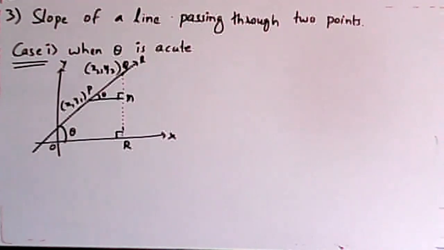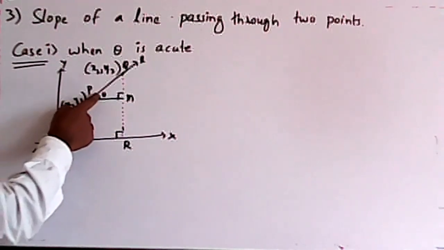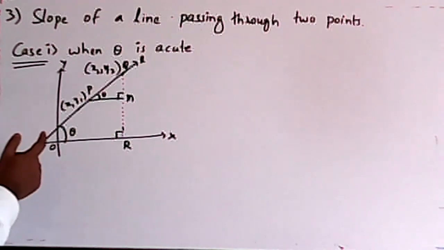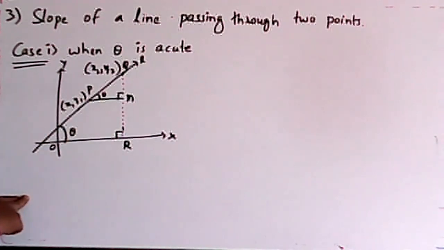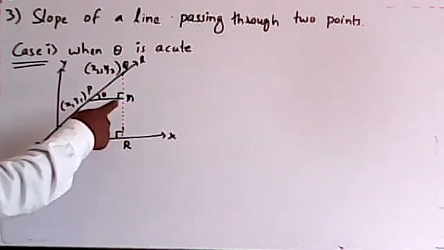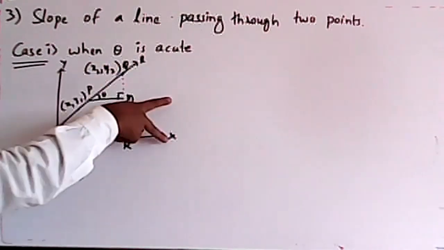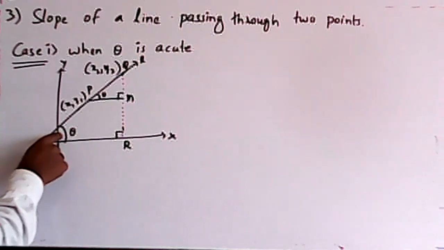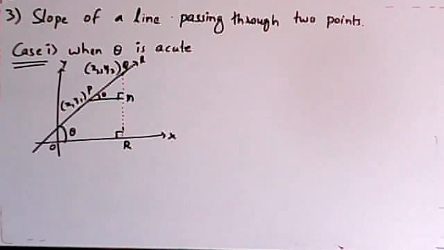When a transversal intersects two parallel lines, the corresponding angles obtained are equal, the sum of interior angles is equal to 180 degree, the sum of exterior angles is equal to 180 degree, vertically opposite angles are equal, and alternate angles are equal. So these are the few features we have noticed when a transversal cuts two parallel lines. So if it is theta, then it's also theta.